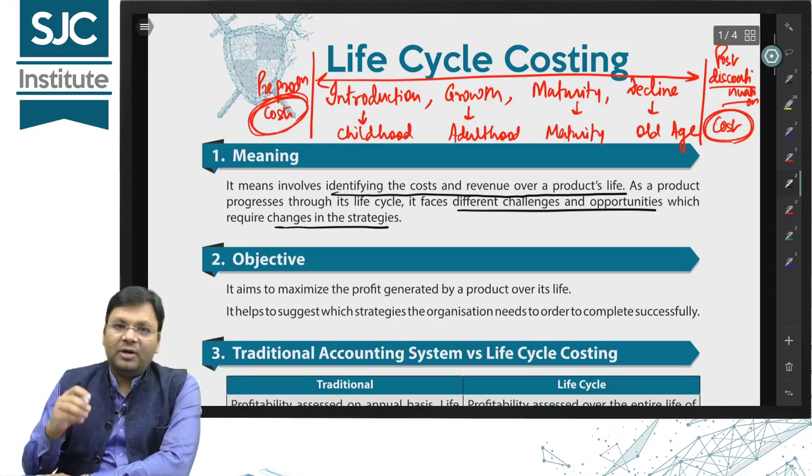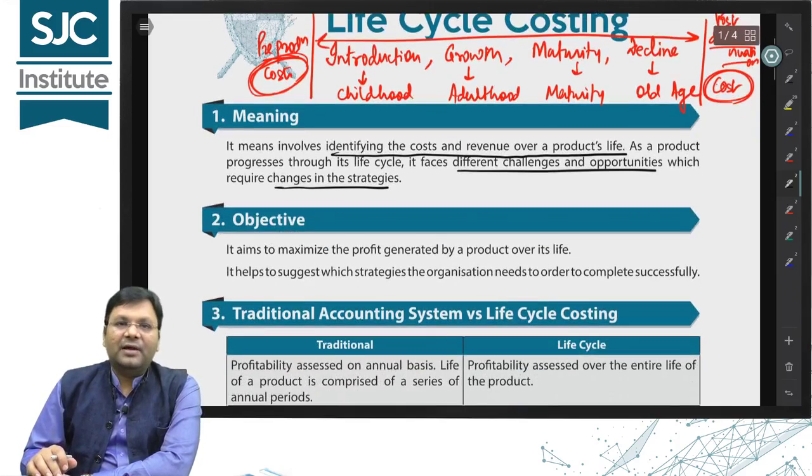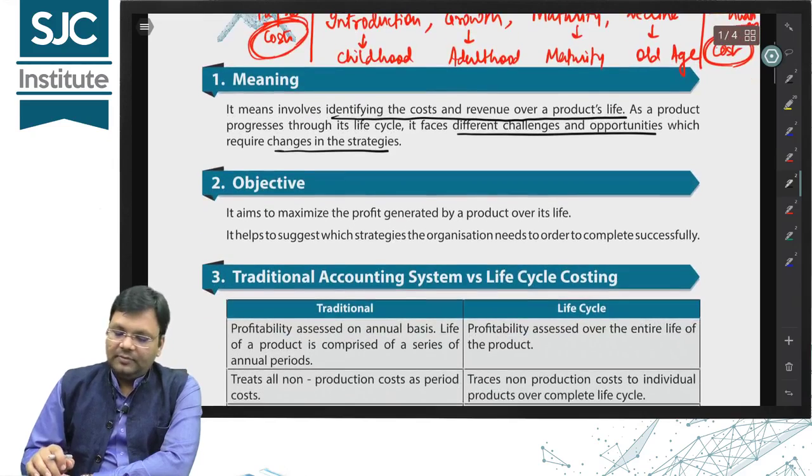As the product passes through different phases of its life cycle, it faces new challenges and new opportunities, which also require different kinds of strategies to tackle. The objective is to maximize the profit, not for each of the phases but over the life.